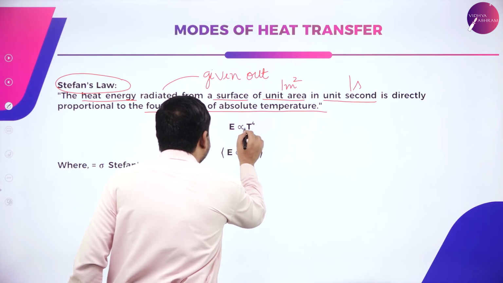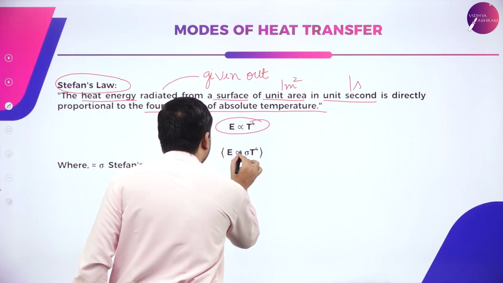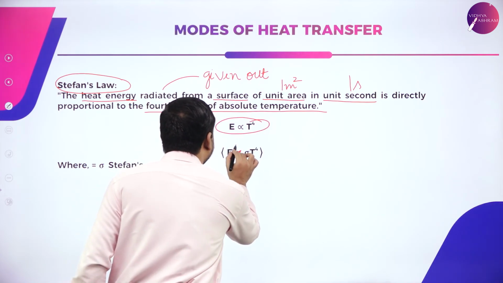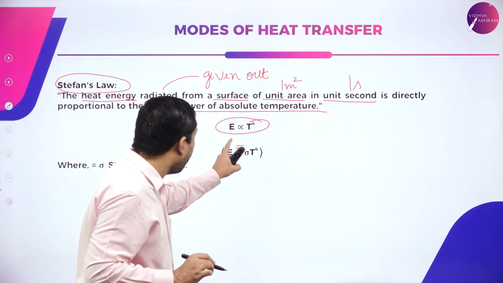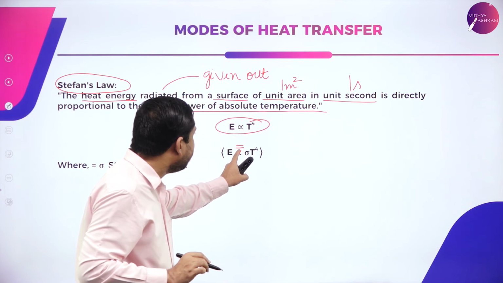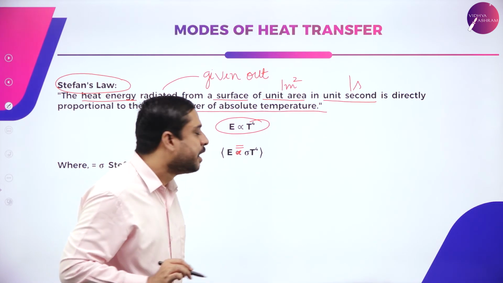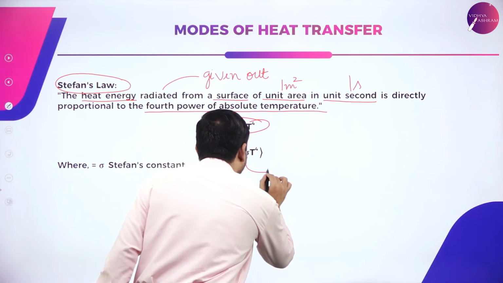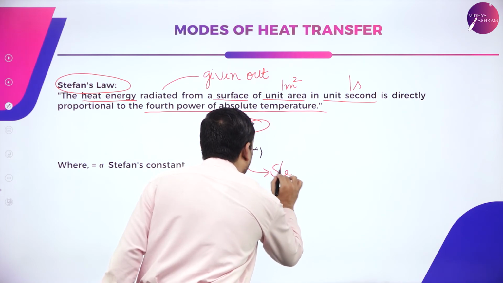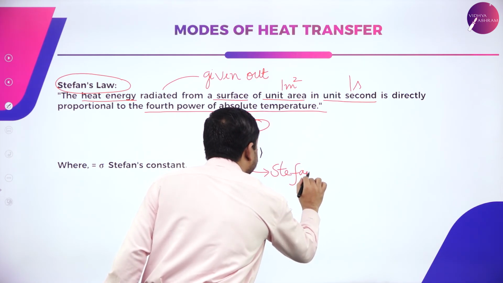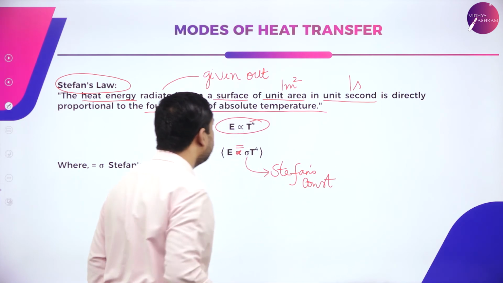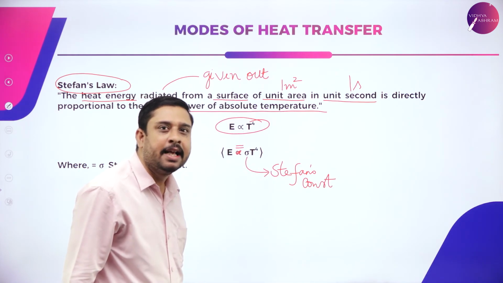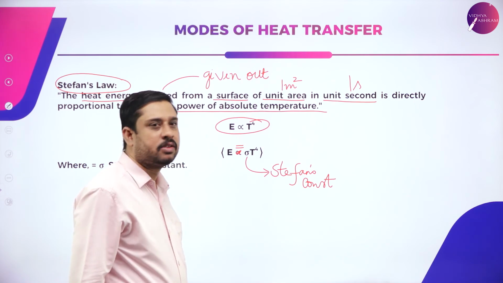So E is proportional to T to the power 4, T being temperature, or we write E equals sigma T to the power 4, where this sigma is called Stefan's constant. It is a constant called Stefan's constant.